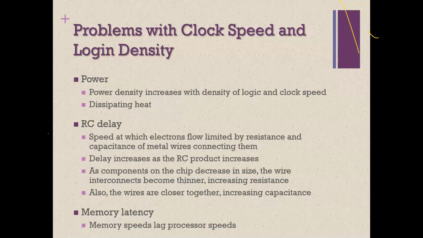So as more and more components are added on chip, with the decrease in size, the wires that interconnect become thinner, and thereby also increase the resistance. And the closer they are together, the more the capacitance increases. And so we have to have a trade-off between this.